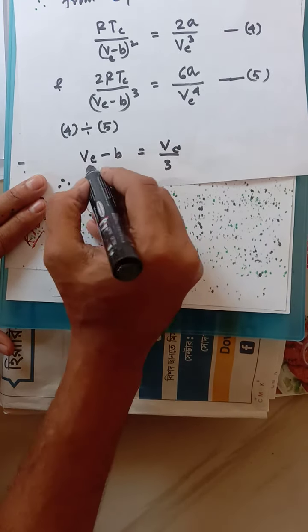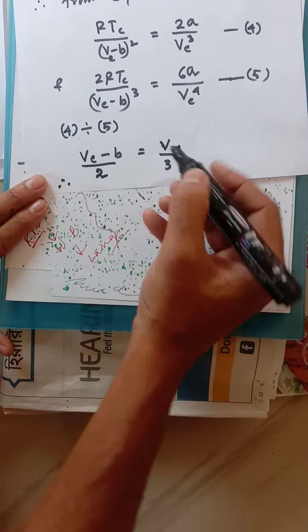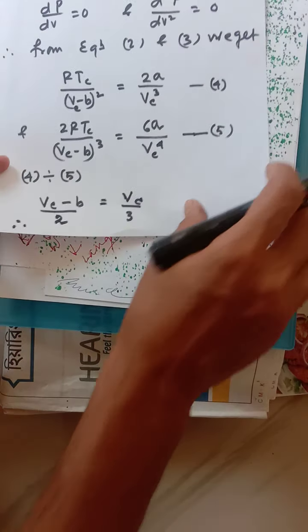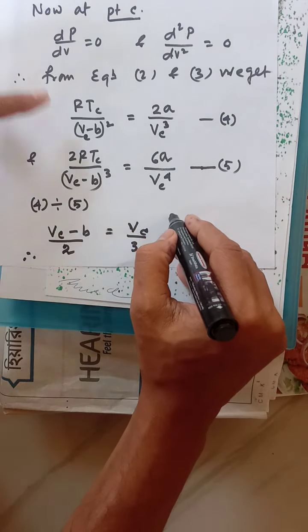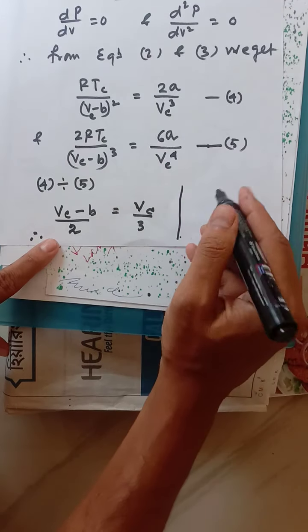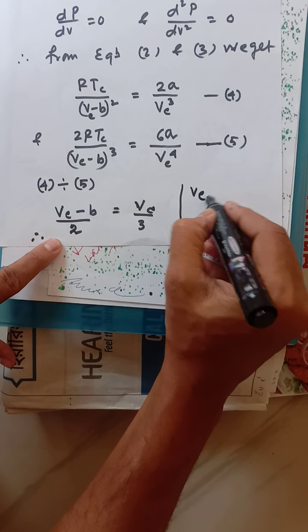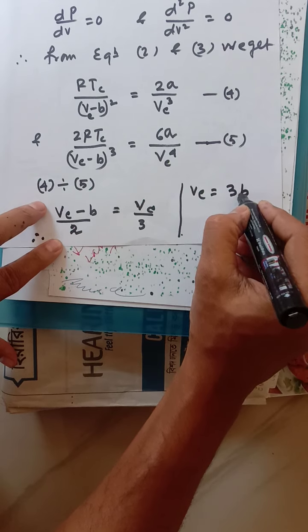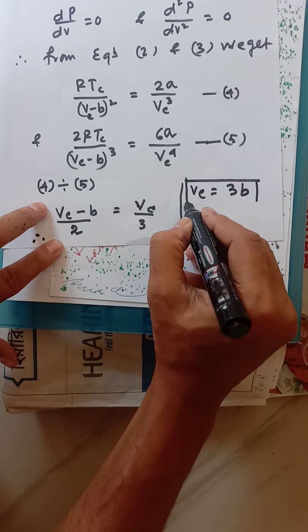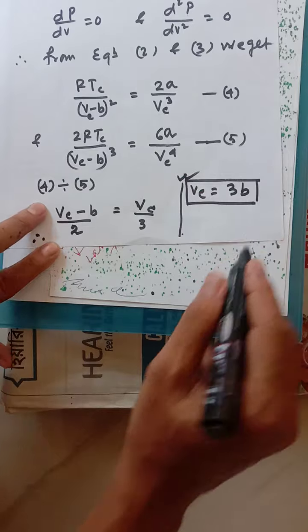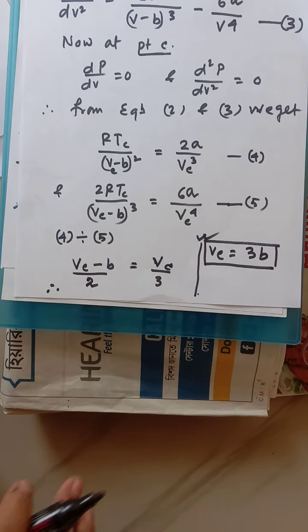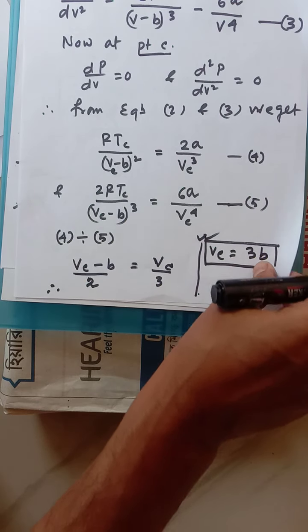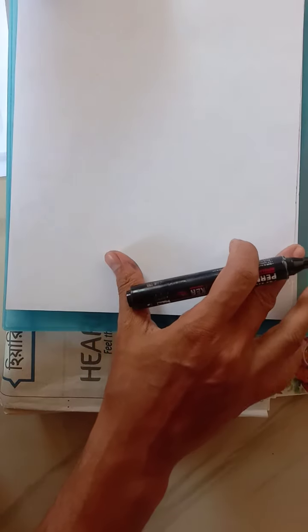Here one mistake I have done. Here it will be 2. Therefore, after the calculation we are getting VC equal to 3B. This is the first value we have got, VC. This is a very important part, we have to remember that the first critical volume value we have got, that is VC equal to 3B.